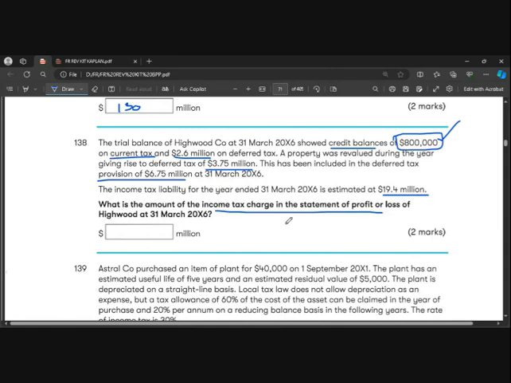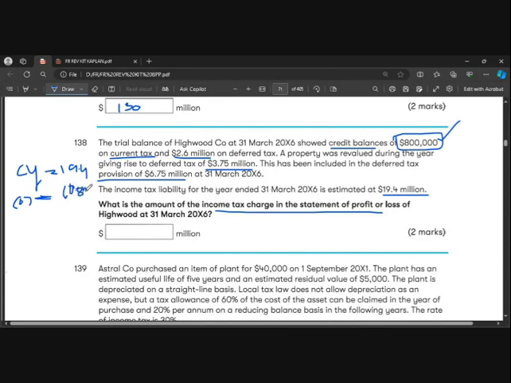Here it's an over provision. Should over provision be added or deducted? Over provision should be added. No, sorry, over provision is deducted. Yeah. So here we have an over provision. So current year estimate is 19.4, and we have an over provision of how much? 0.8 million. You deducted it.